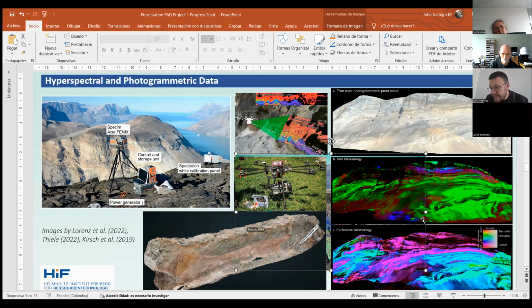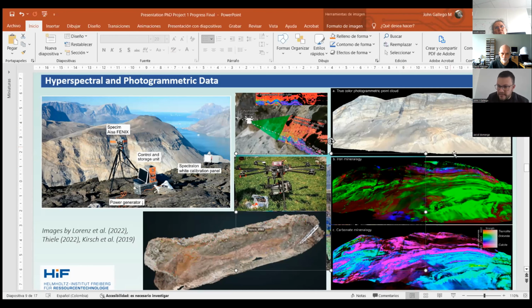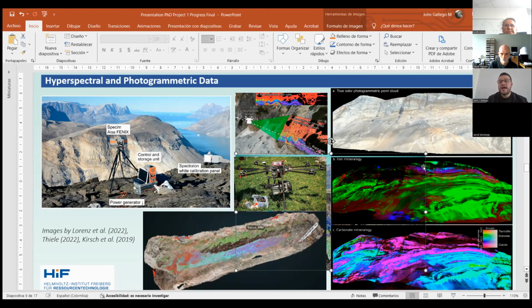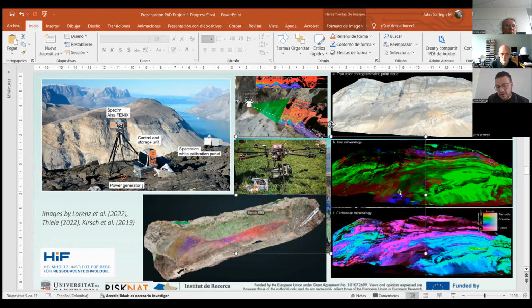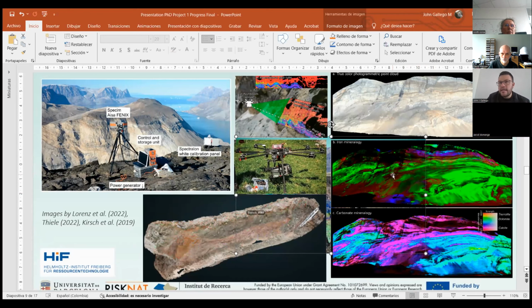Here on the right, we have an example of the application of this technique in Greenland for mining purposes. You can see here the true color image, and they combine the 3D hyperspectral imagery into a point cloud with photogrammetric tools, and also some algorithms to enhance the view if they want to see the contribution of hydromineralogy, also carbonate mineralogy.